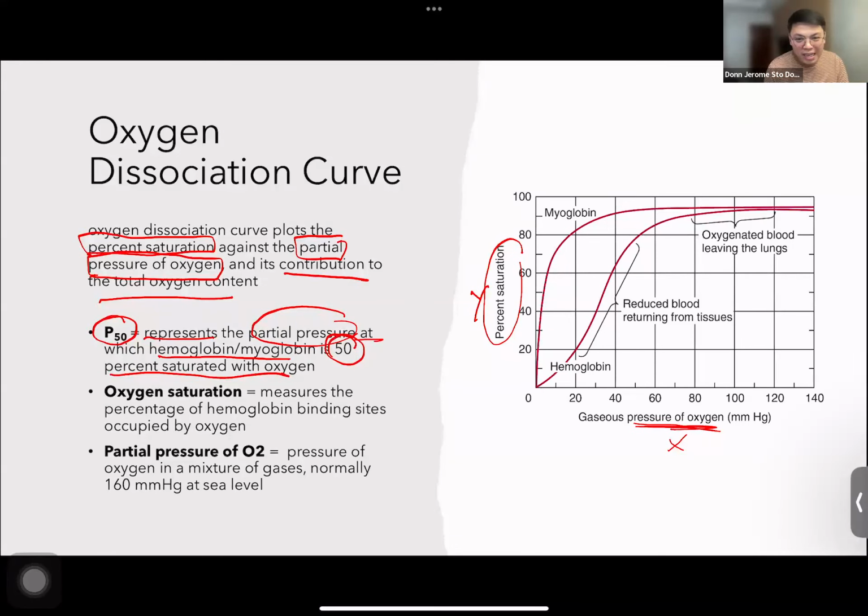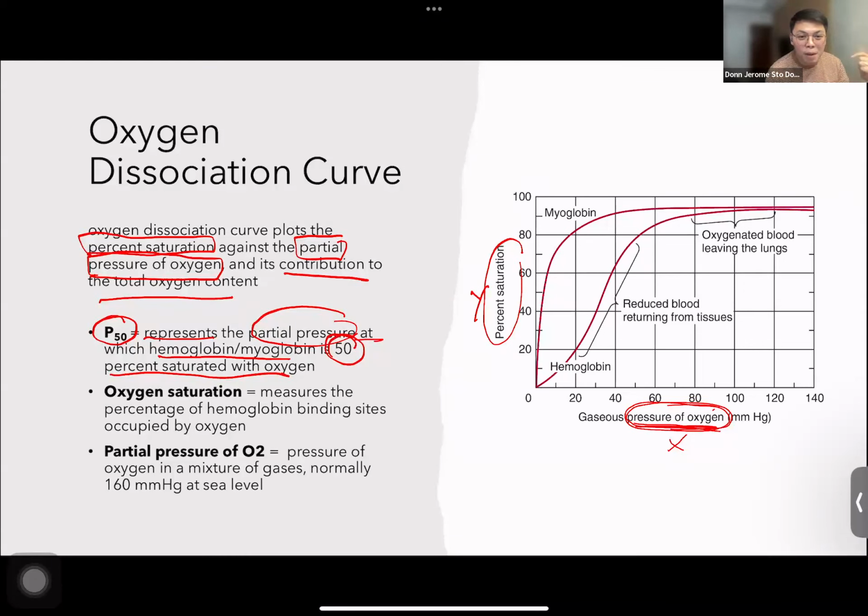So, P50 is the partial pressure of oxygen in which your hemoglobin and myoglobin is 50% saturated with oxygen. So, pwede din po ba nating i-apply dyan ang characteristics ng KM? Yes po. Doc, sabi po ni Doc Bravo, KM has an inverse relationship with the affinity of substrate to the enzyme. Ganon din po ba dito? Yes po. P50 relates the affinity of oxygen now to your hemoglobin or myoglobin.